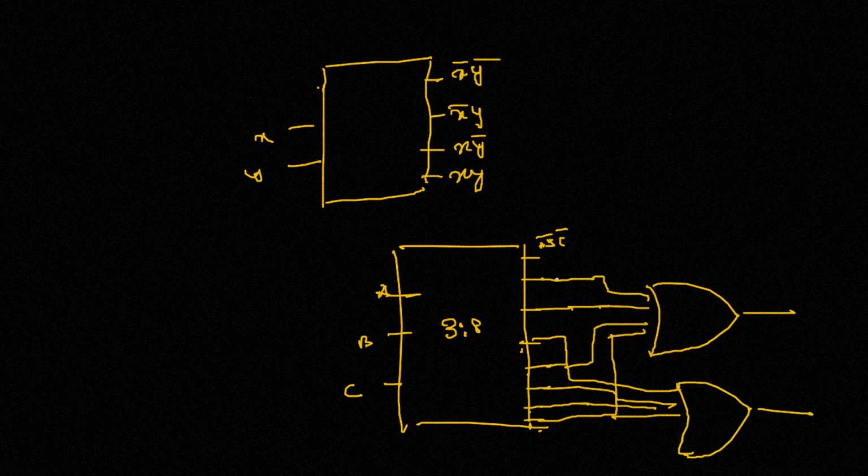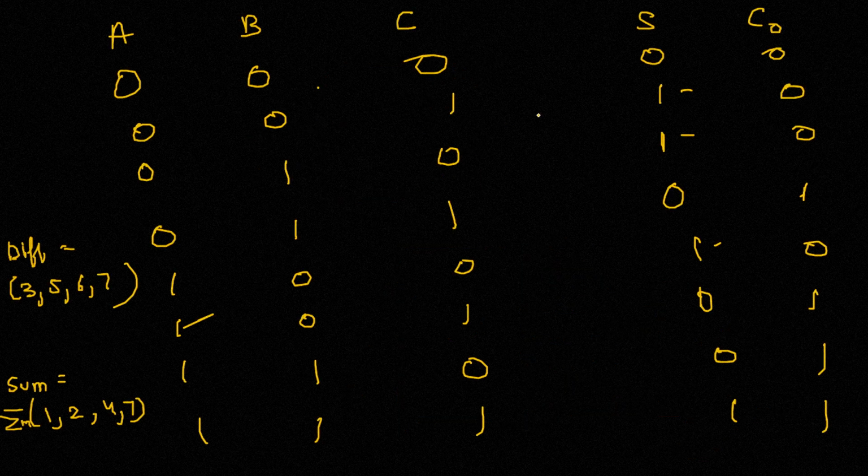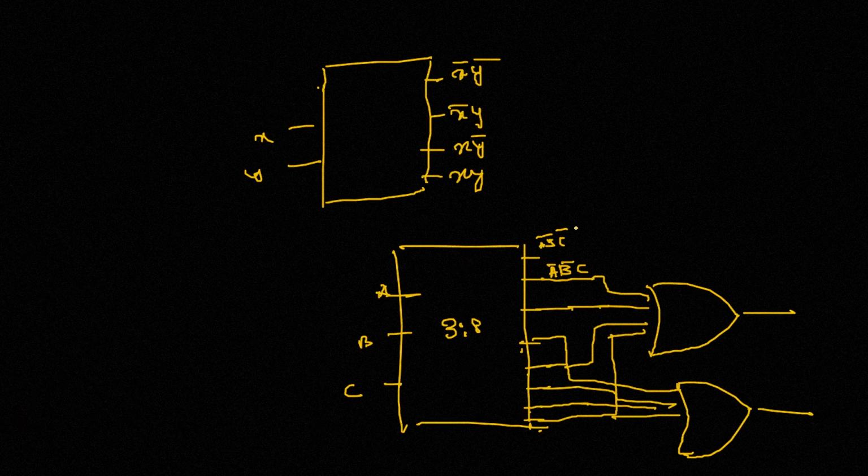Because see, the second one here is basically A complement, B complement, C. So if for A complement, B complement, C we got the sum as 1, in case the output here is 1, that makes the other outputs here irrelevant.